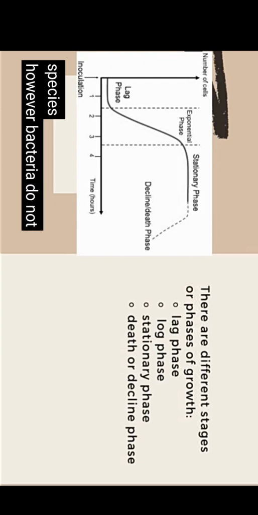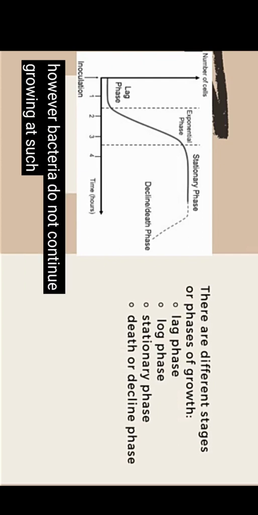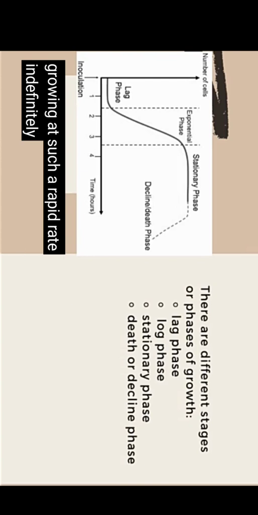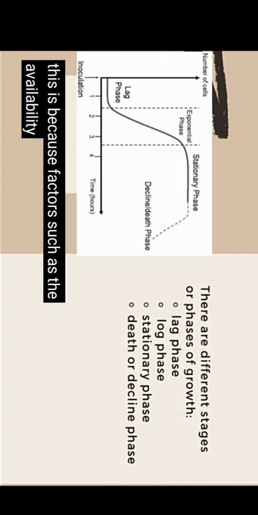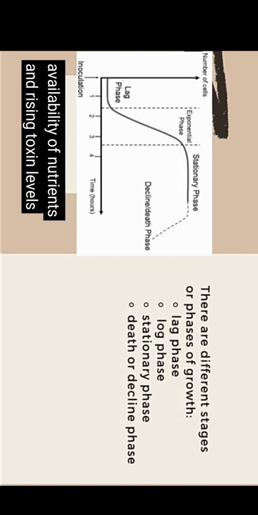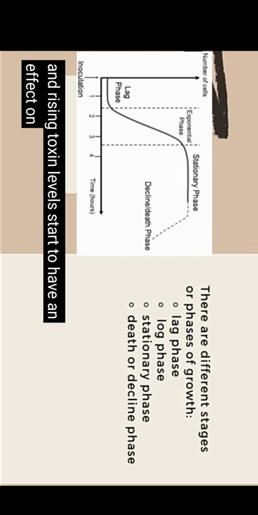However, bacteria do not continue growing at such a rapid rate indefinitely. This is because factors such as the availability of nutrients and rising toxin levels start to have an effect on bacterial growth.